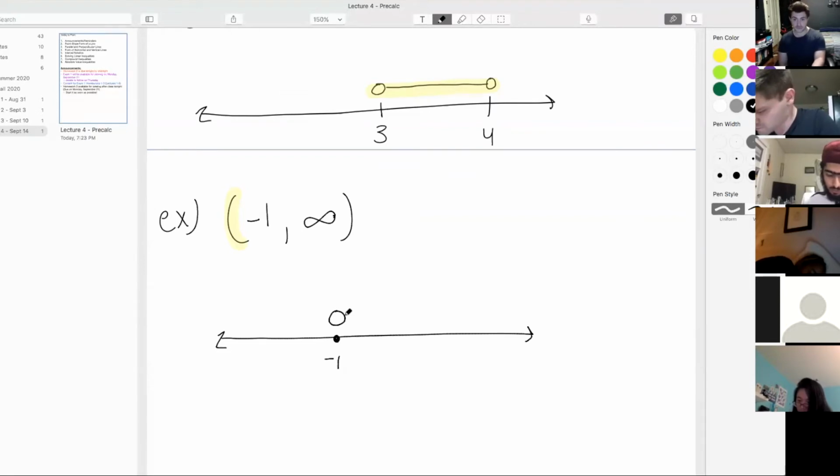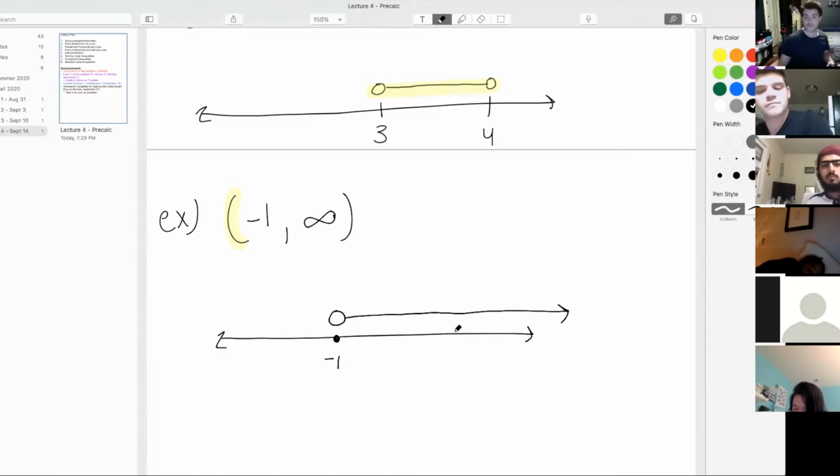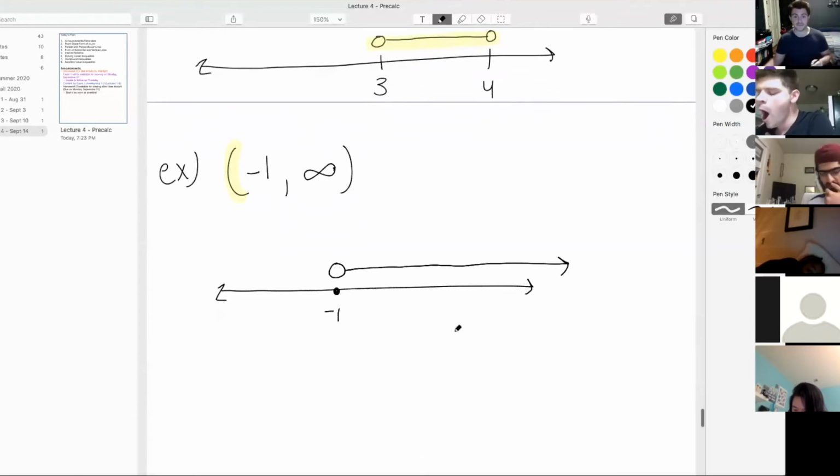But we're going all the way to infinity, so this line will just extend infinitely long. You can imagine this right arrow going on to the right forever. So we're talking about all real numbers greater than -1 here.